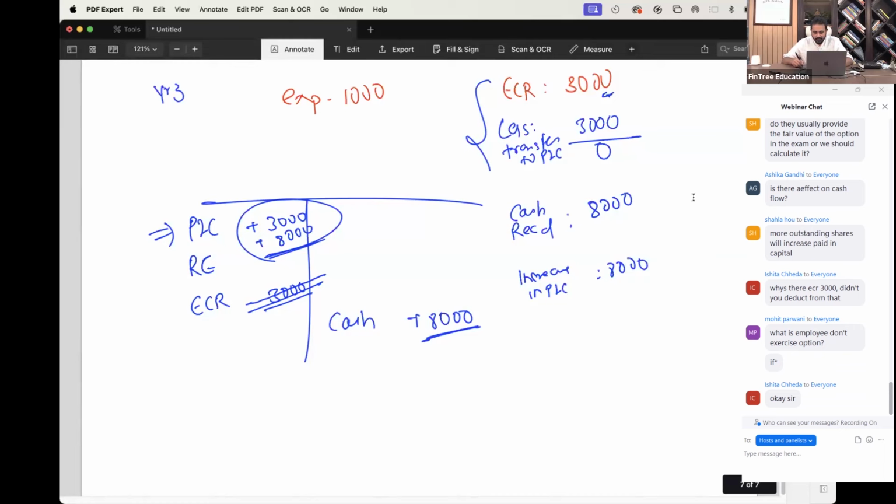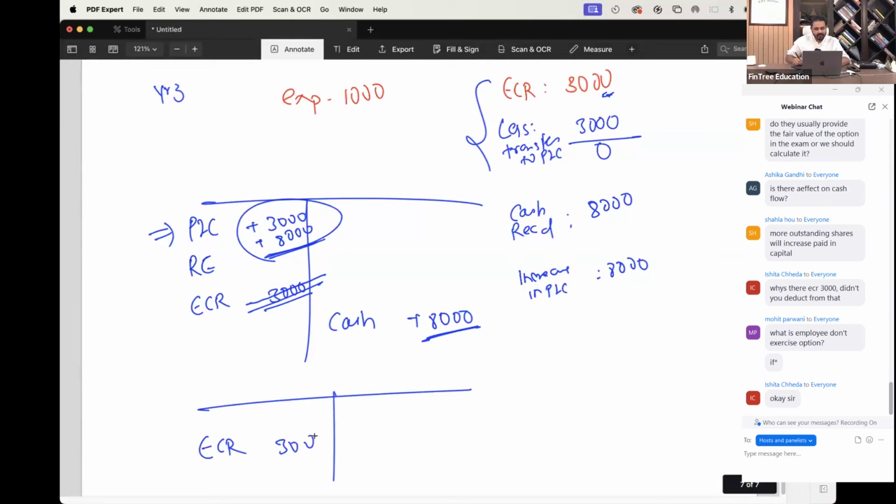What if the employee doesn't exercise the option? It's an accounting assumption, dear. Let's assume that in the third year none of the employees came to me. Then that ECR will remain on my balance sheet till the time these employees don't come for exercise of shares.